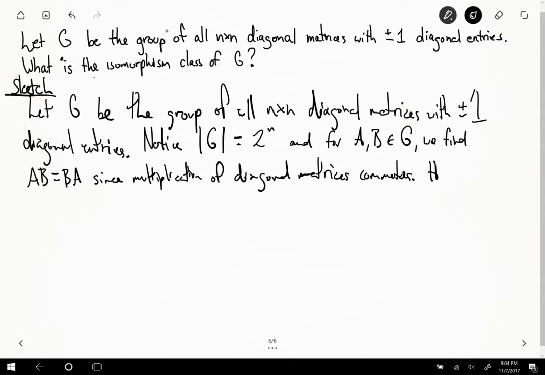So hence, G is abelian. Okay, so we have it's abelian. That means it has to be isomorphic to one of the abelian groups in our list. Now, here's the other caveat.